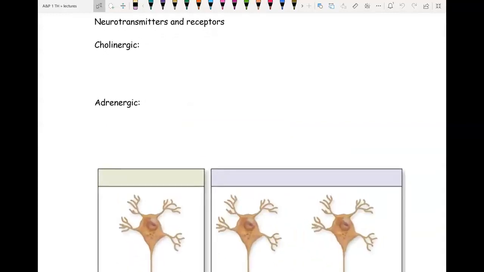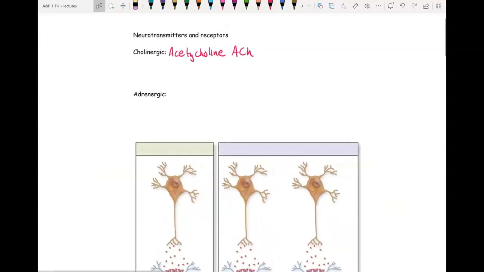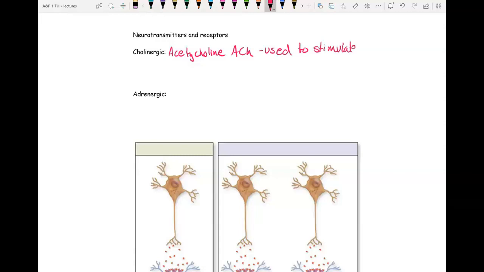Cholinergic refers to acetylcholine. So cholinergic is anytime you are using acetylcholine, which we abbreviate ACH. You may remember this. It's also the same neurotransmitter that we use to stimulate skeletal muscles. So this neurotransmitter is used to stimulate skeletal muscles in somatic, and it is used by the autonomic.